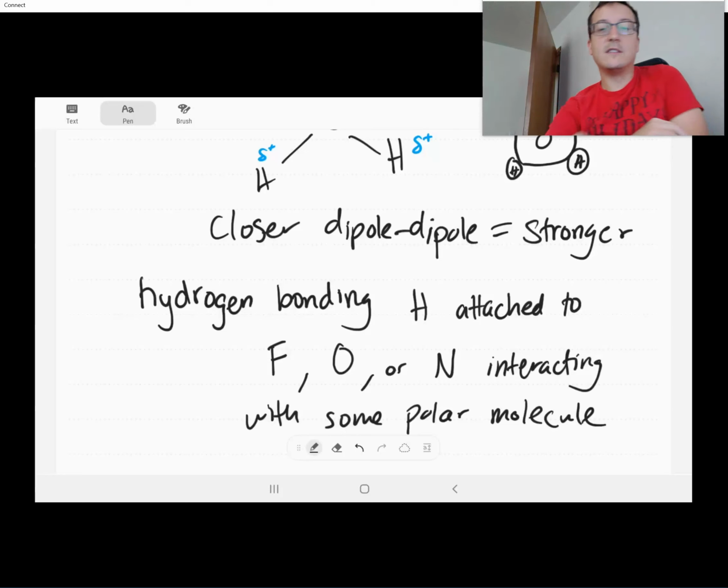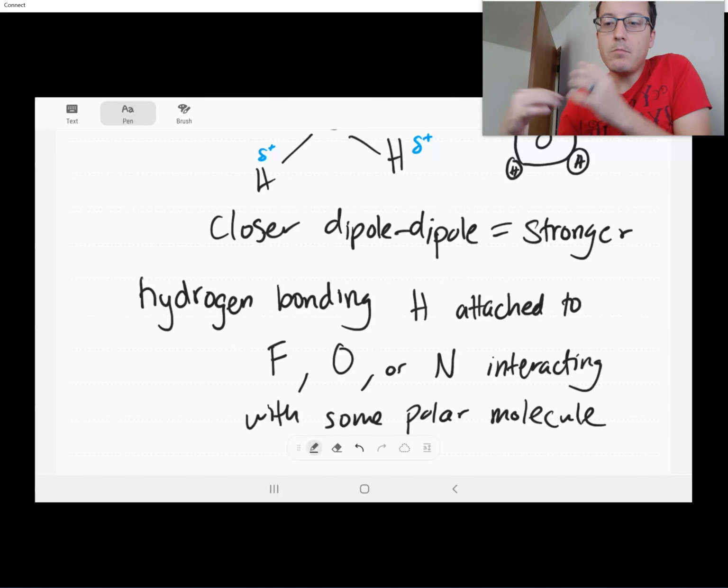Fluorine, of course, is the most electronegative. And then we have oxygen and nitrogen, which are also fairly electronegative. So the hydrogen that will be attached to one of those three elements is kind of extra positive. And since it's so small, other delta negative thingies can come up really close to it. And that's going to form some really strong intermolecular forces called hydrogen bonds.